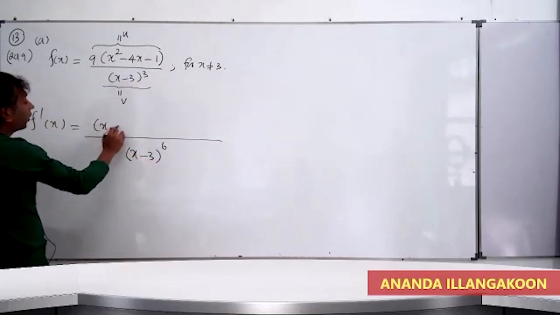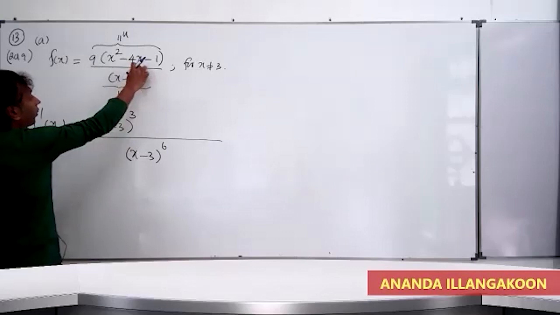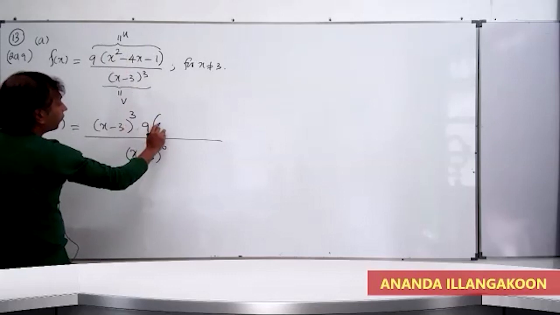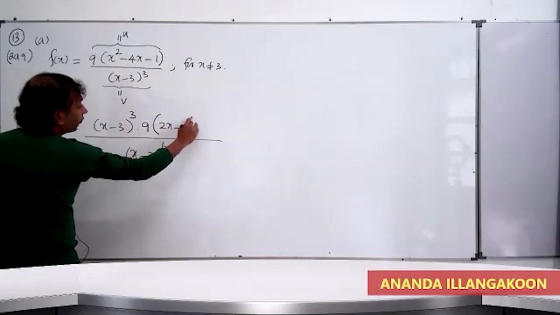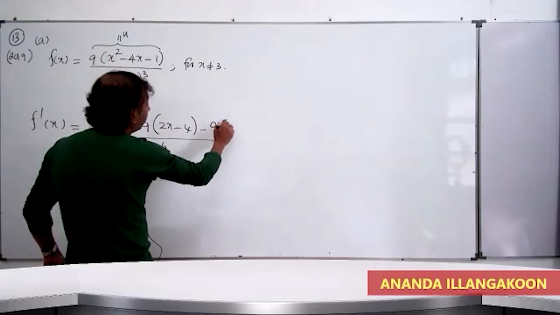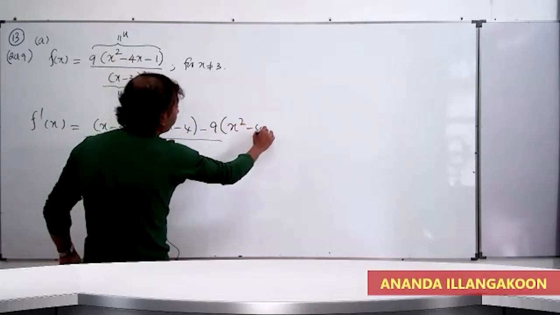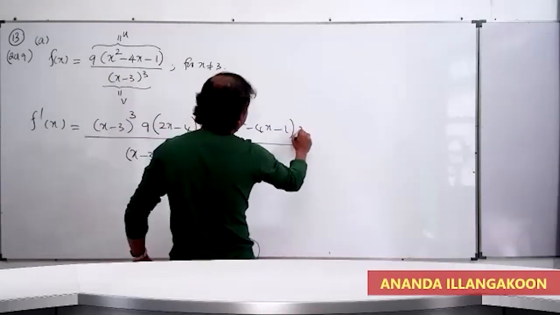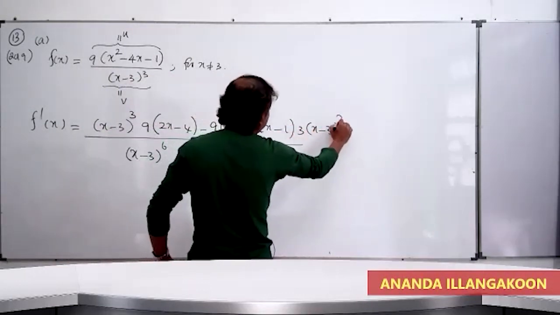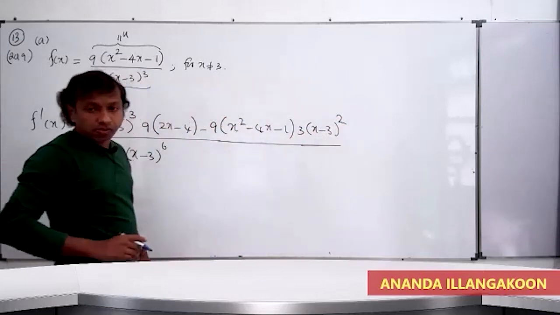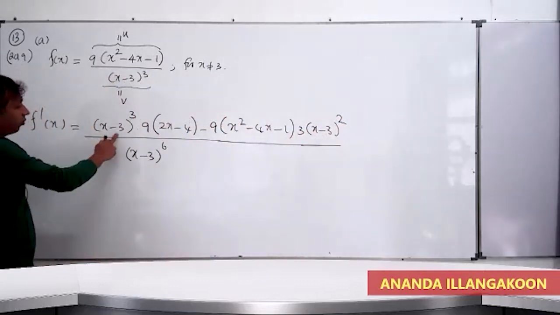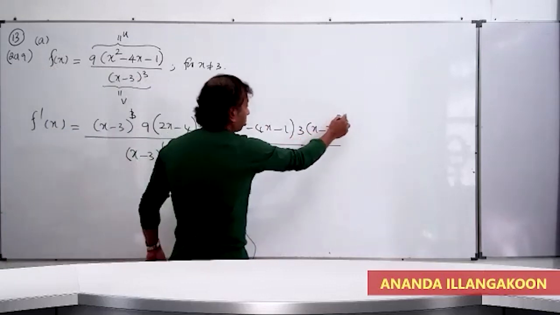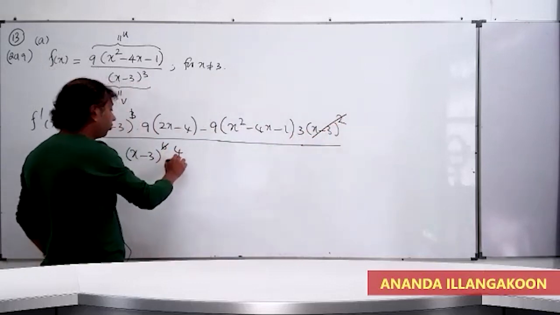Then (x minus 3), the same thing we have to keep here, and now we have to differentiate this. 9 here, (2x minus 4), minus 9 times this we have to keep as the same, right? And this one we have to differentiate, 3 times (x minus 3) squared. (x minus 3) to the power 2 is common. You can cancel that down. With here, we get 4.